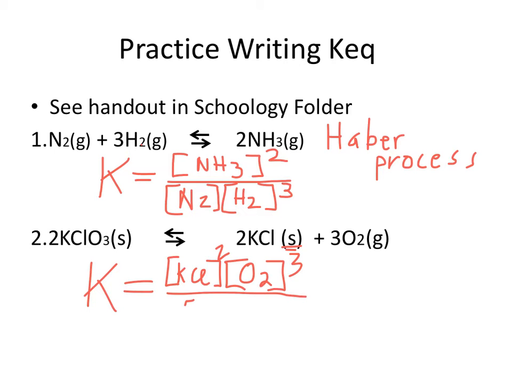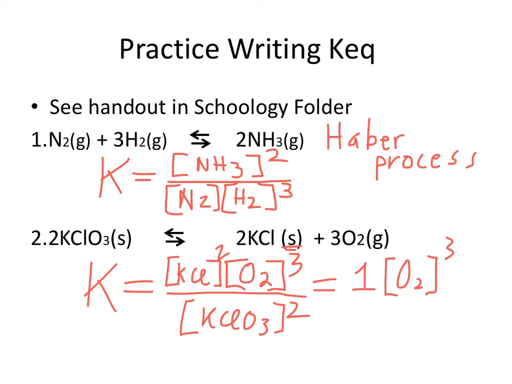Over potassium chlorate, which has a 2, but we notice that potassium chlorate and KCl are both solids, so they really look like this in the equilibrium constant expression. And so the equilibrium constant expression basically comes down to the concentration of O2 cubed.